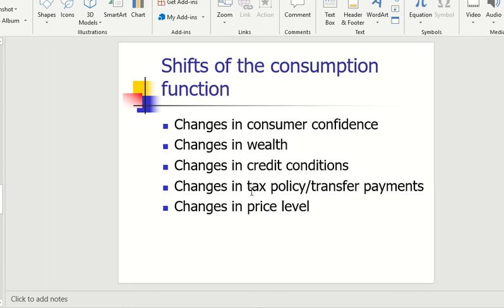Then we have income tax policy. If we have a lower income tax, we are likely to see that people consume more. In transfer payments, if we have an increase in transfer payments, we're likely to see an increase in the consumption function. And then price level. Lastly, as the price level comes down, we are likely to see an increase in purchasing power and consequently consumption. All these can lead to a shift of the consumption function.